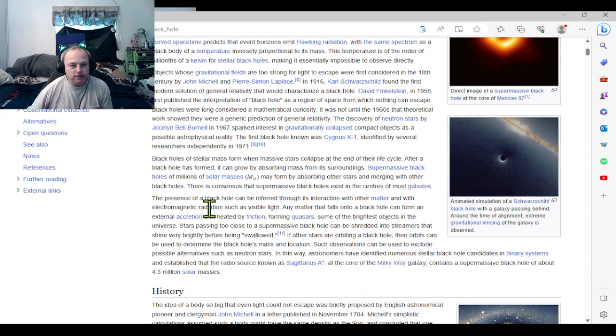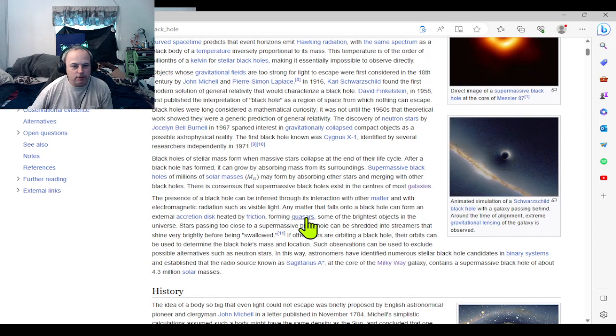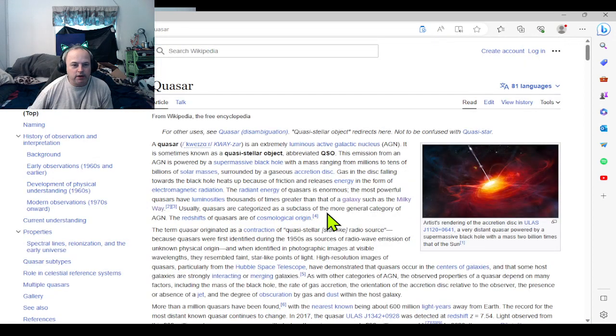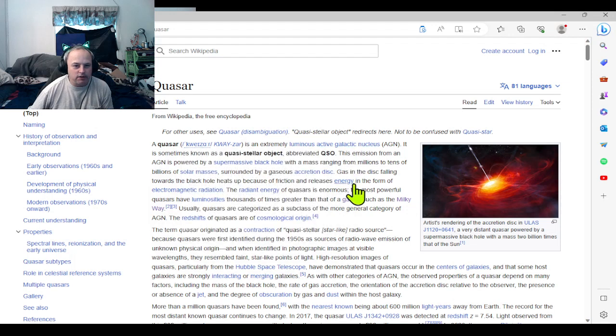So what does it make? The black hole can form an external accretion disk, forming quasars, right? A quasar is a galactic nucleus. It is the center of a galaxy, with tens of billions of solar masses. So this is in line with the weight of our galaxy, right?